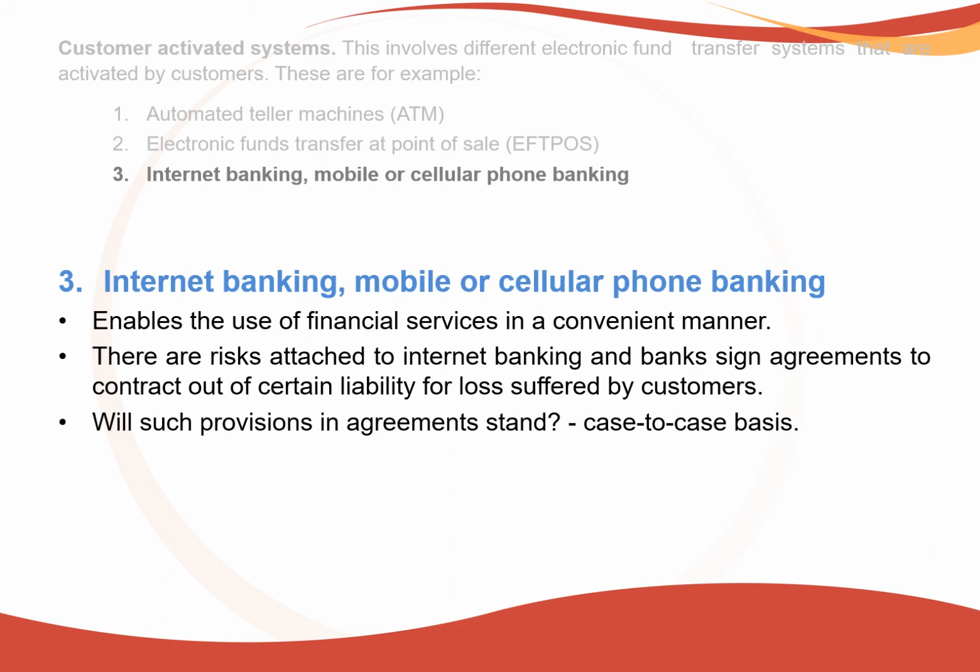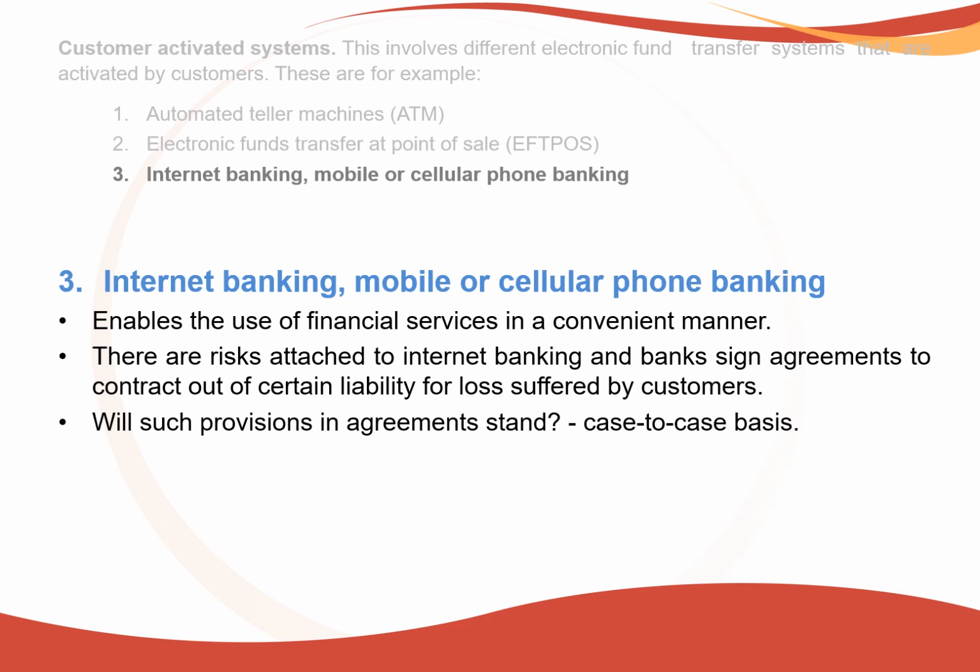Internet banking or mobile banking enables a customer to make use of several financial services in a convenient manner. Using these electronic banking services, the customer can check balances, ask for provisional statements, transfer funds between accounts, pay creditors, and check bank statements.